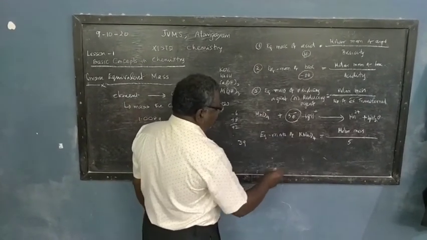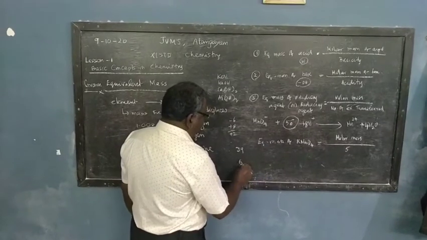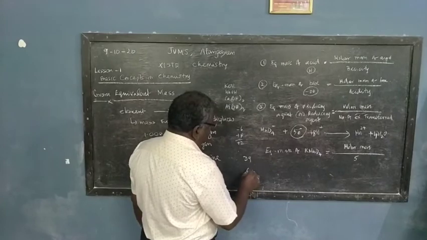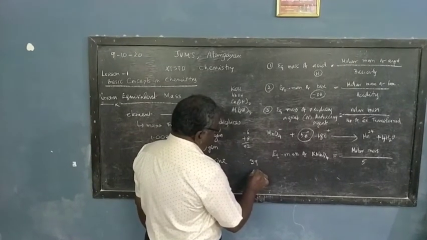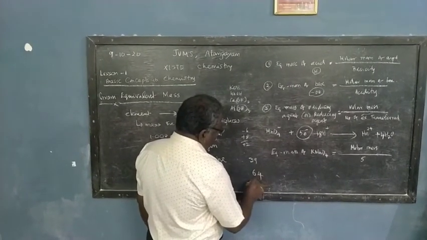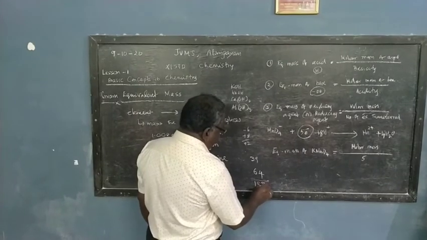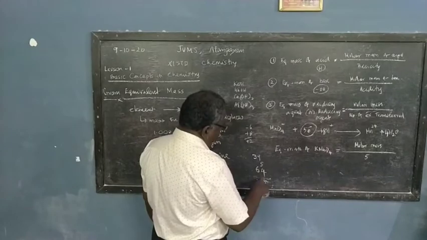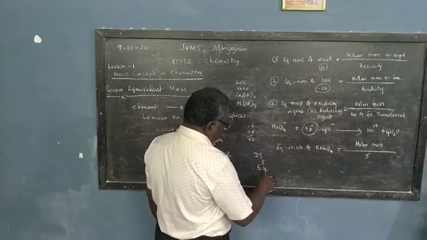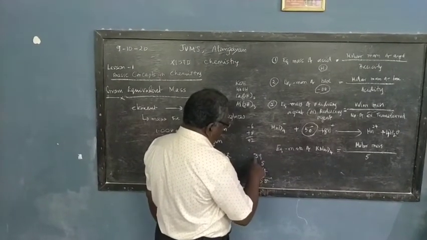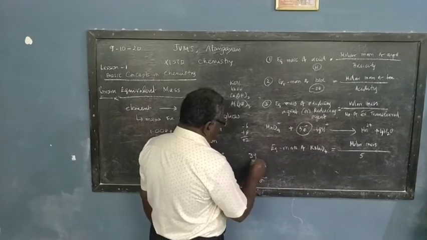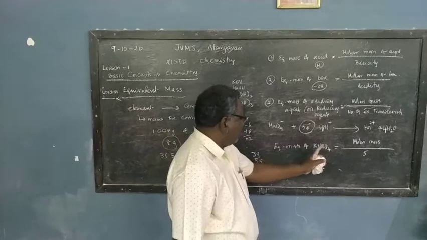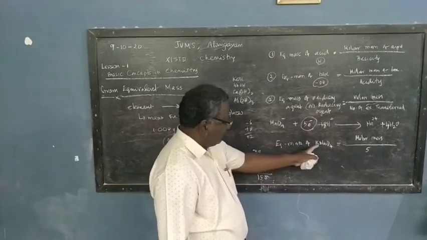So oxygen becomes 4 into 16, 64. Manganese atomic mass is 55, and potassium atomic mass is 39.